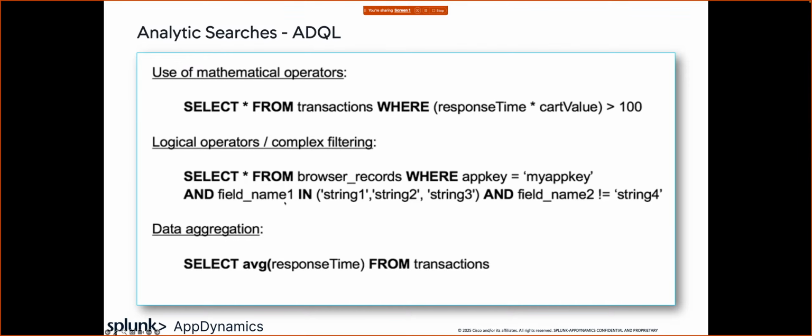And then you can also do complex filtering, where you're saying, where it equals this, and also the field name is in, basically you can start drilling down further into what other options there are to filter.